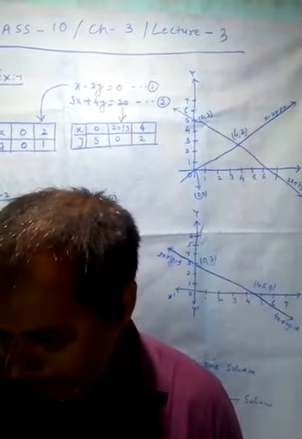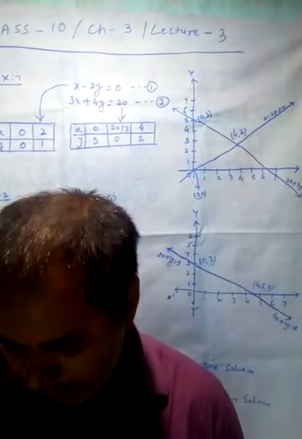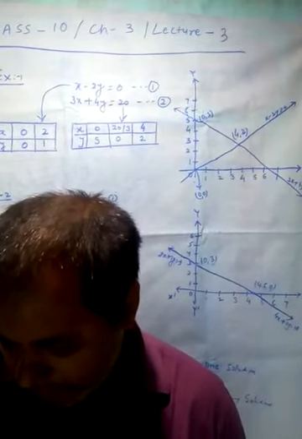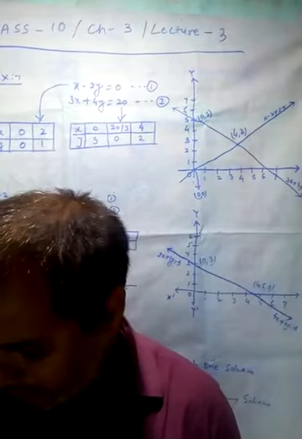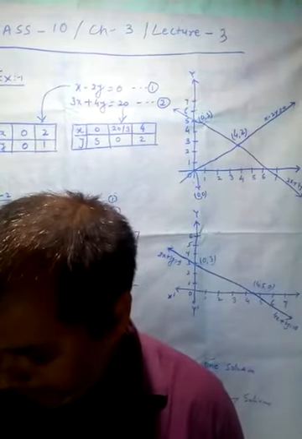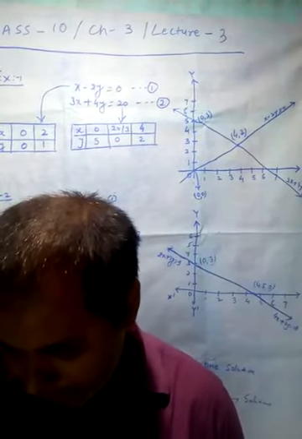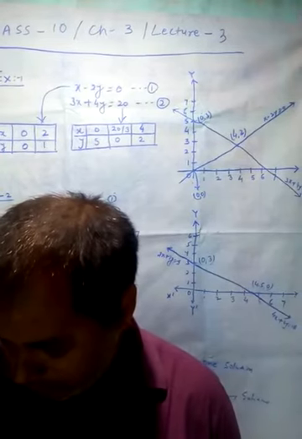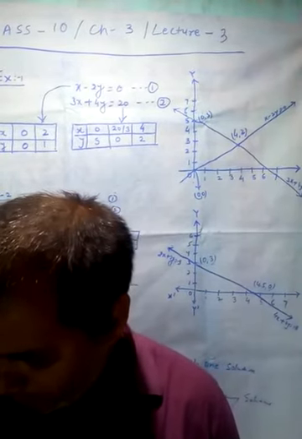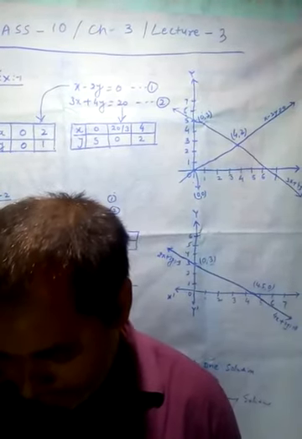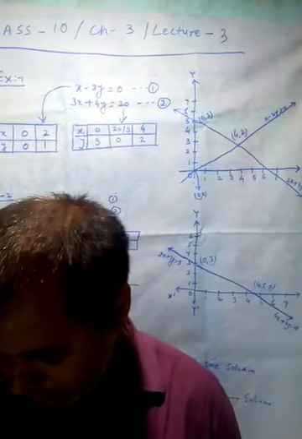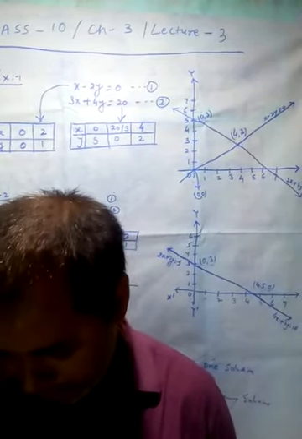A pair of linear equations which are equivalent has infinitely many distinct common solutions. Such a pair is called a dependent pair of linear equations in two variables. Note that a dependent pair of linear equations is always consistent.